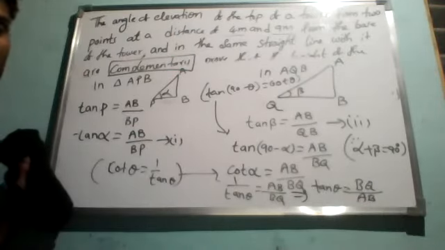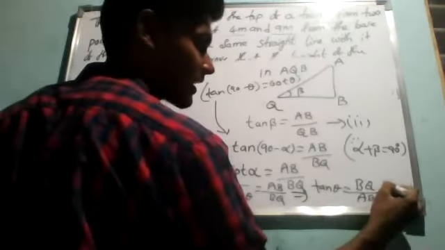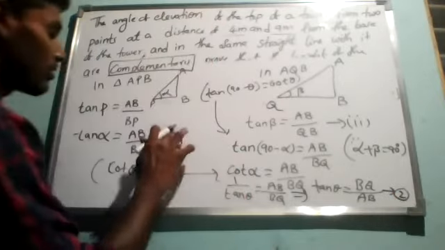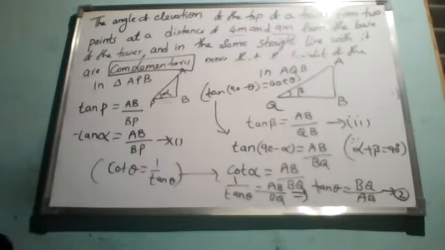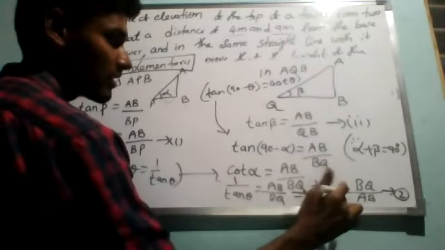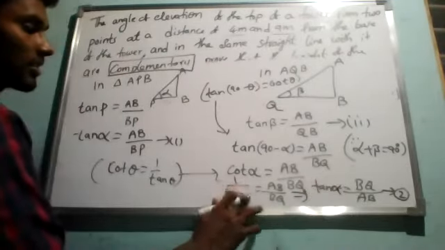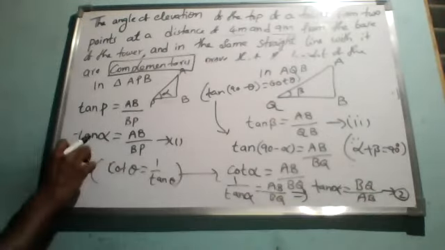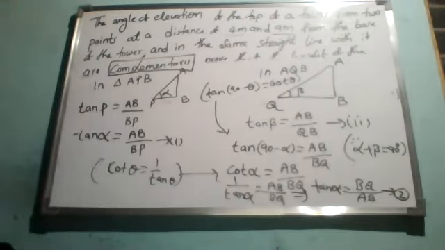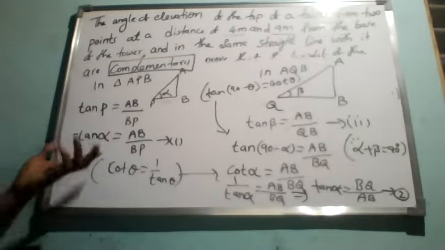Let me imagine this is equation 2 and this is equation 1. Sorry, here it is not tan theta, it is tan alpha. Tan alpha is equal to BQ by AB, and here tan alpha is equal to AB by BP. Now the left-hand side is the same.